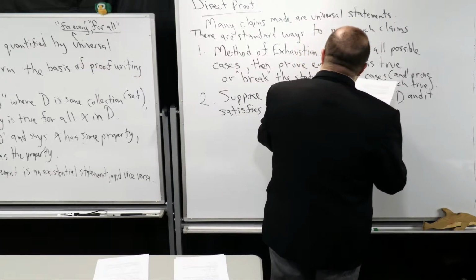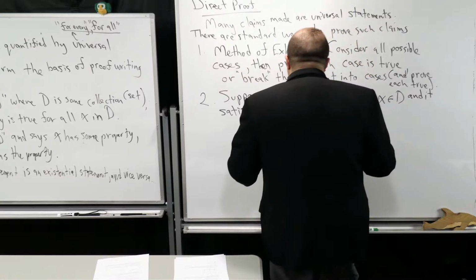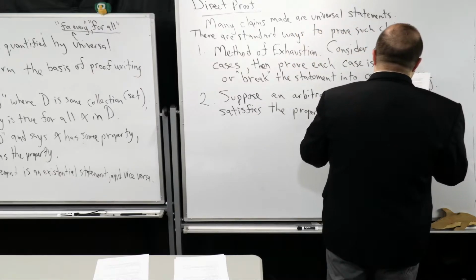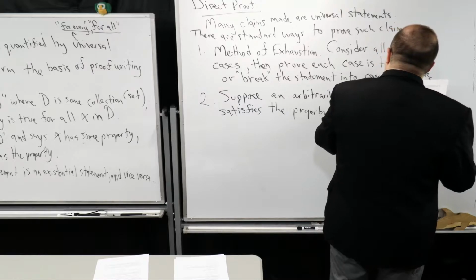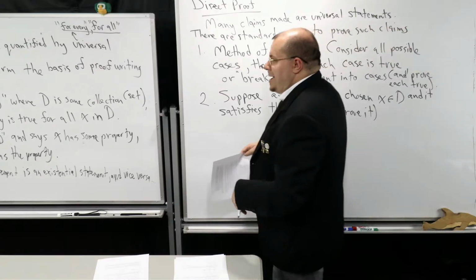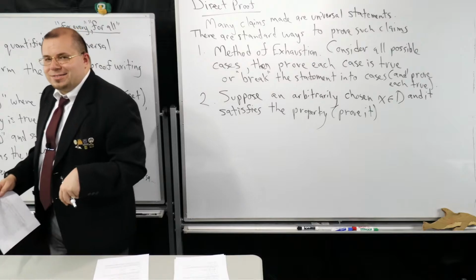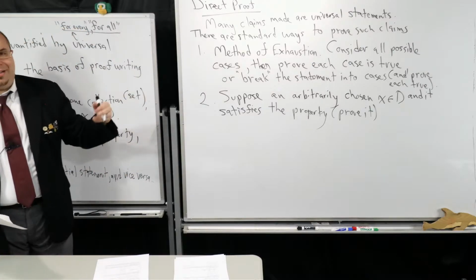So your idea is that I give you X in D, and your job is to then prove it has the property, but you can't make any special assumptions about X. It has to be any one of the X's in D.